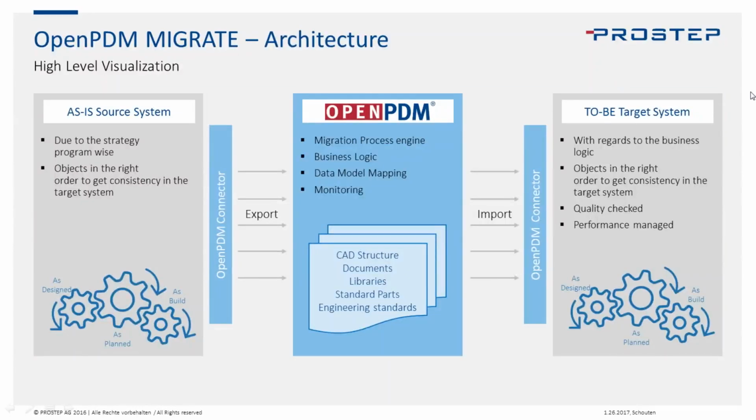Typically, high-level visualization is: you have your source system. We have a connector for that system. We run either transactionally or in an ETL, an export of all that data. We manage that data, maybe massage that data in the middle, and then execute an import to the target system.